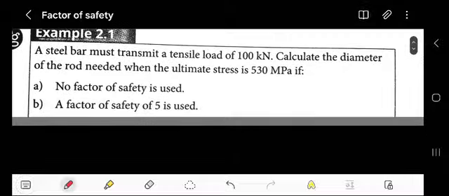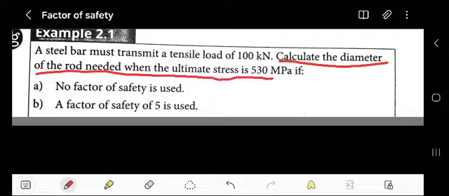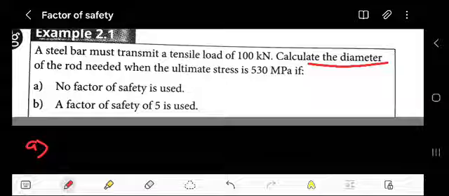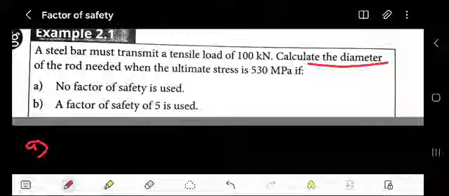Example 2.1 says a steel bar must transmit a tensile load, that is force, of 100 kilonewton, right? Then calculate the diameter of the rod needed when the ultimate stress is 530 megapascal, if no factor of safety is used.